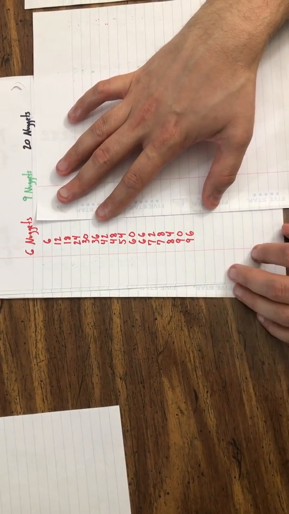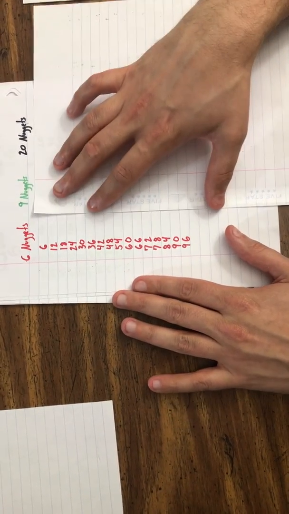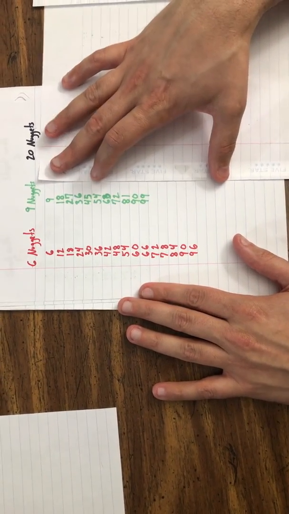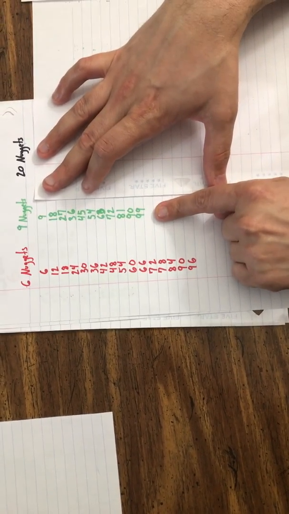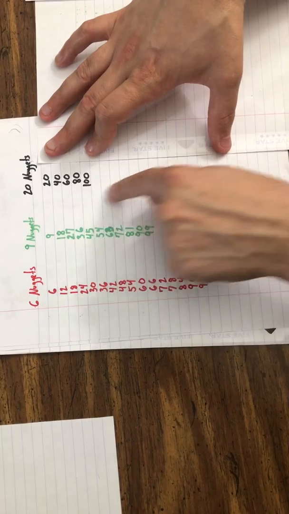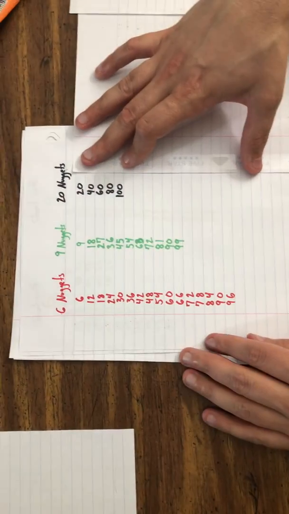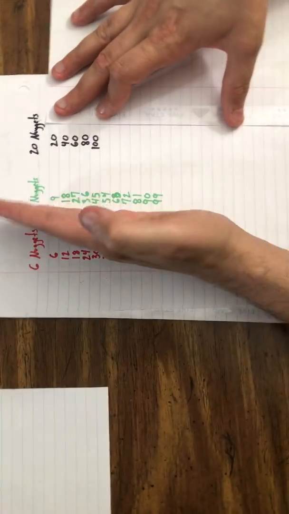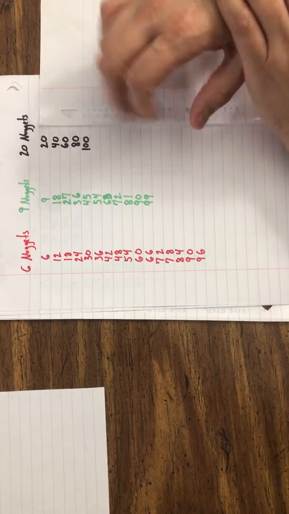These are the multiples of 6. Now, if we start with 9 nugget boxes, here are all the different quantities we can get. Last one is 20. We can only get about 5 different quantities with 20s. So here are all the different possible things we can get just by going with 6s, just 9s, just 20s. Now, here's where things get more interesting.